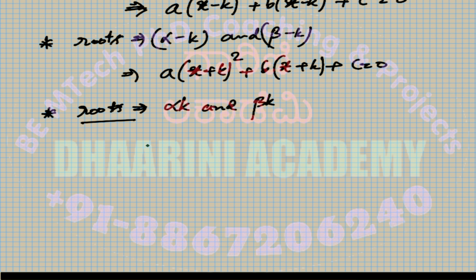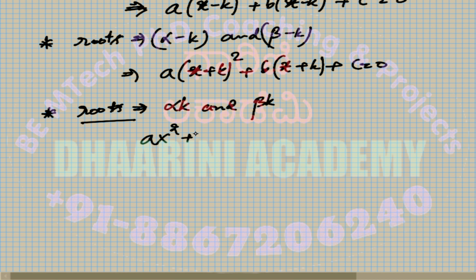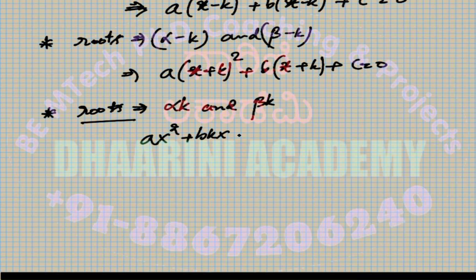So the equation becomes ax square plus b into kx plus k square c equal to 0. So this is the change that is going to happen.